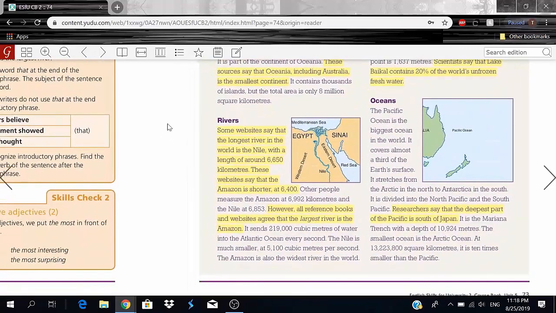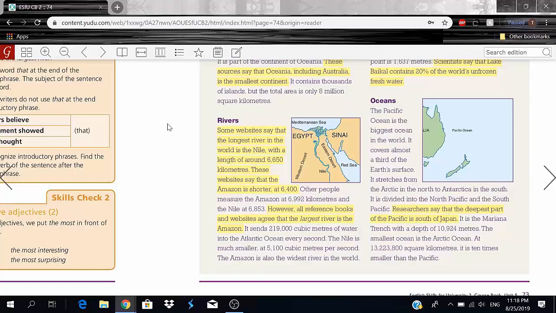Rivers. Some websites say that the longest river in the world is the Nile, with the length of around 6,650 kilometers. These websites say that the Amazon is shorter at 6,400. Other people measure the Amazon at 6,992 kilometers and the Nile at 6,853.